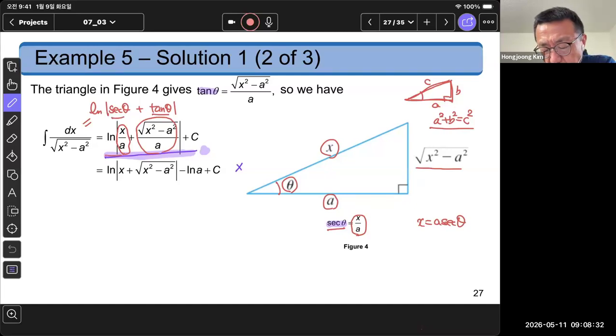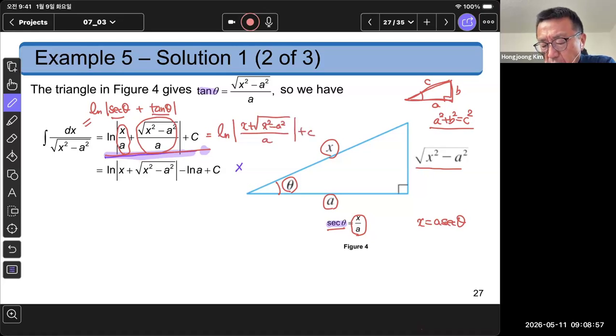So you can leave it like this. Or since both terms are inside this absolute value, the denominator is a. So we have x plus square root of x squared minus a squared over a plus c.